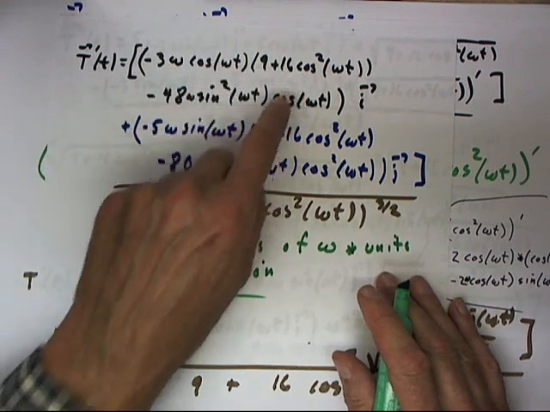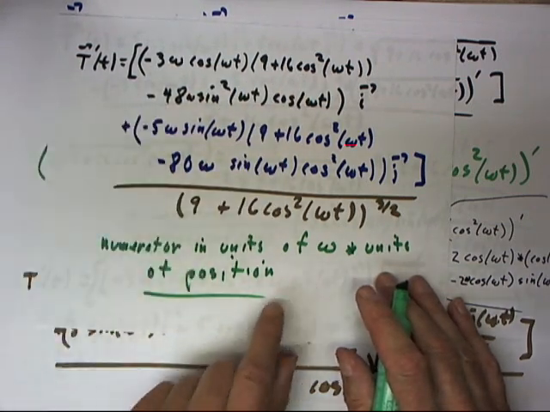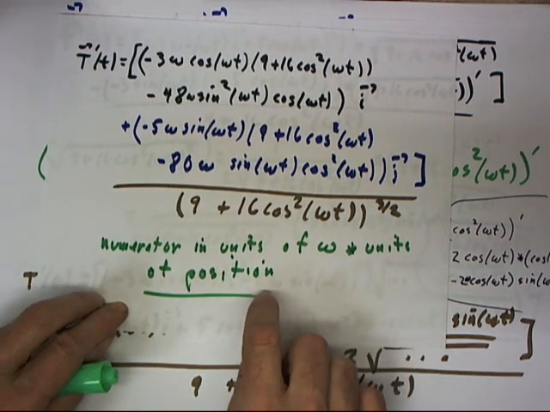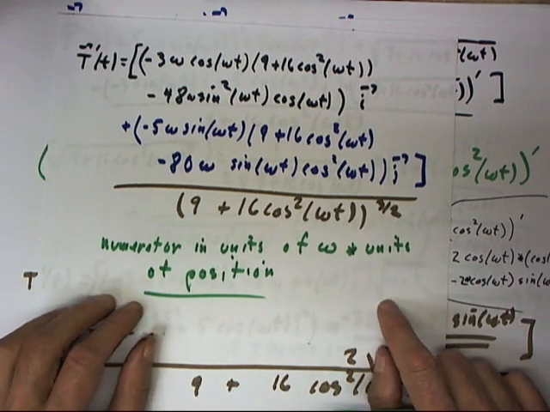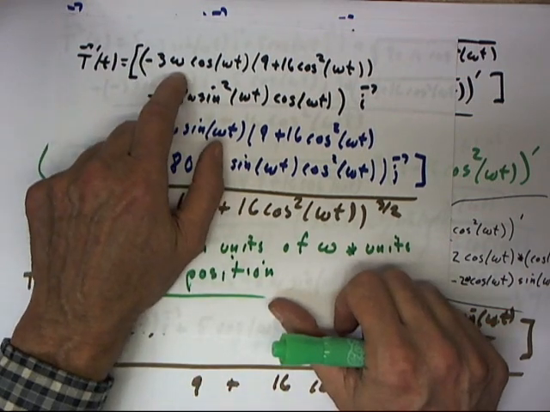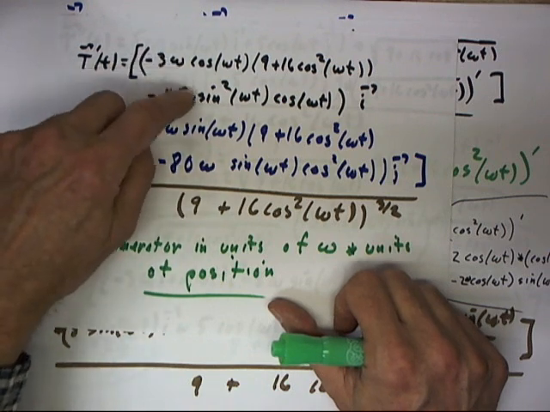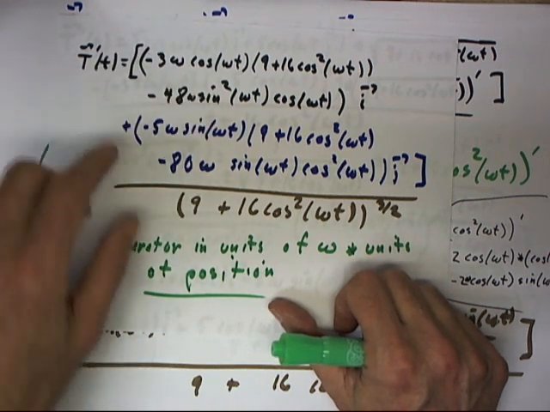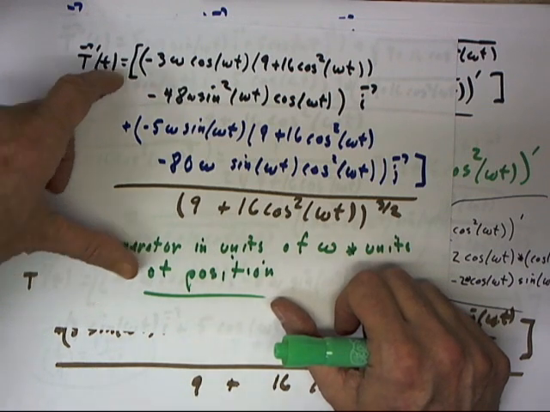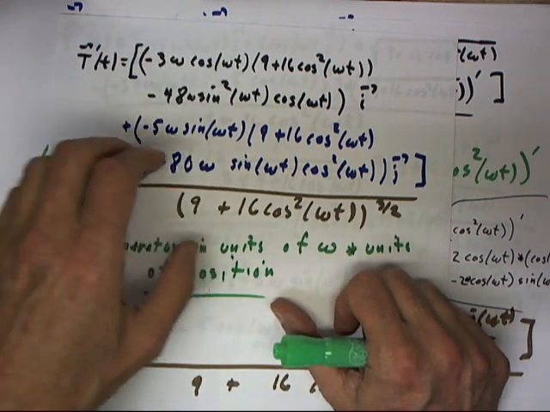So our original numbers in the original equation were units of position. And actually I still have a problem with dimensions here that we might reconcile in a minute. Simply see that we can factor out omega, and we get a unit tangent vector that's given in terms of a multiple of omega.